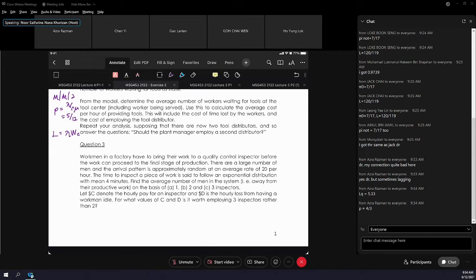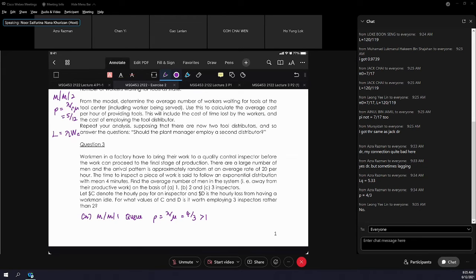So you get your rho, lambda over mu, equals 4 over 3. For M/M/1/Q, is it allowed for you to have the value of your rho greater than 1? Chenny, can you have your rho greater than 1 for an infinite queue model?